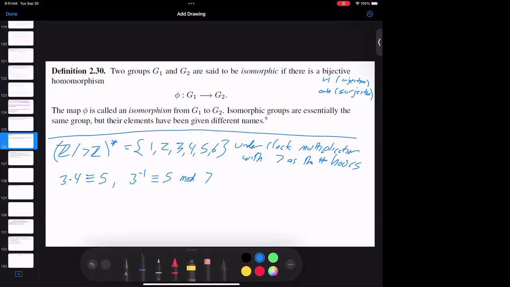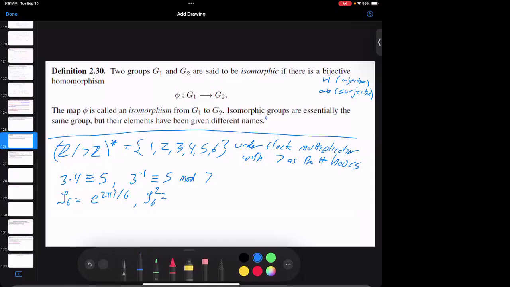Okay. Let's do zeta 6. It is going to be e to the 2 pi i over 6. What's the square of that going to be?